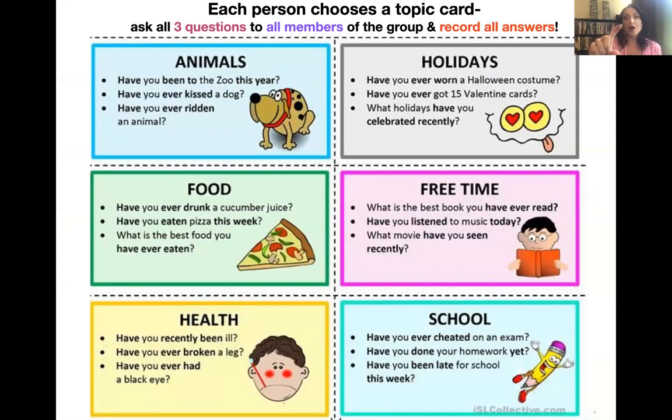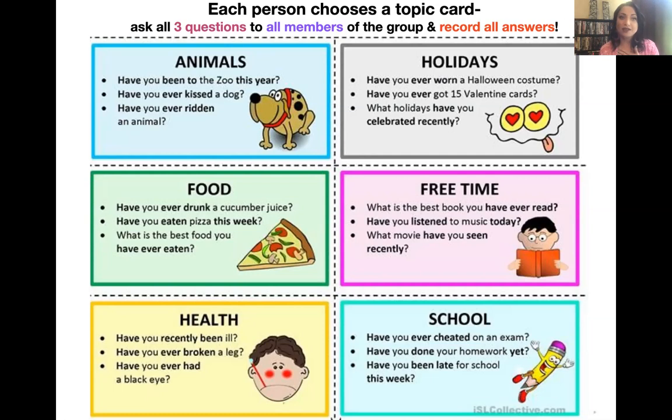Yes, so pick one card, ask, write down all 3 answers. Each person asks a different card. For example, I choose, have you been to the zoo this year?